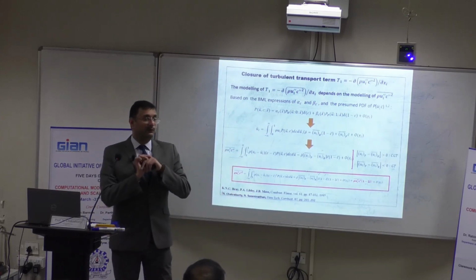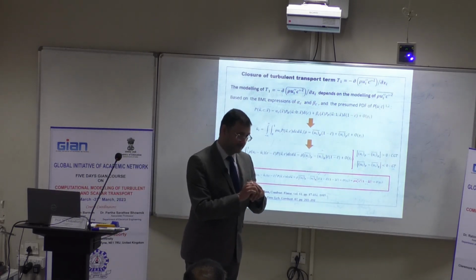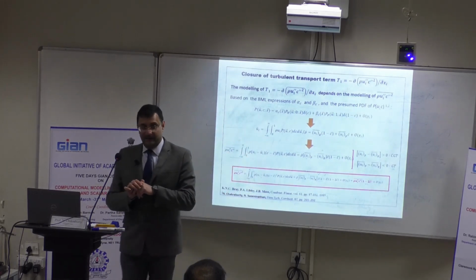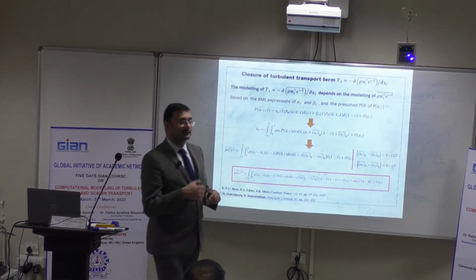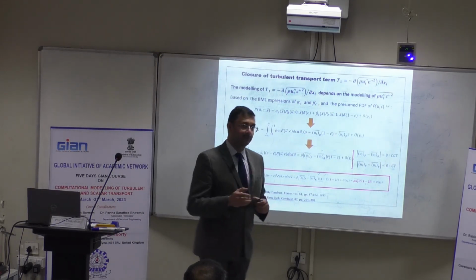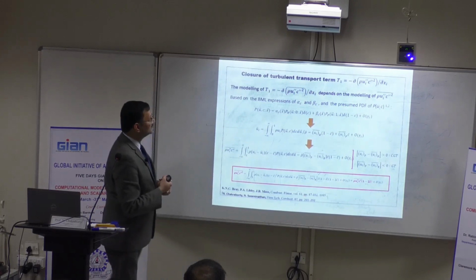So the only thing I can actually do is solve a model transport equation. If I have to do that, I have to model the unclosed terms in the scalar variance transport equation. And that's where we are going to focus right now.